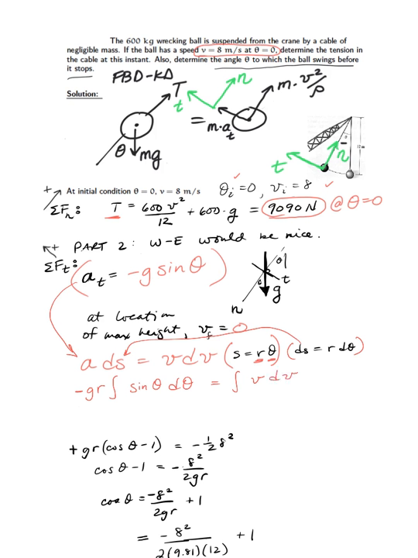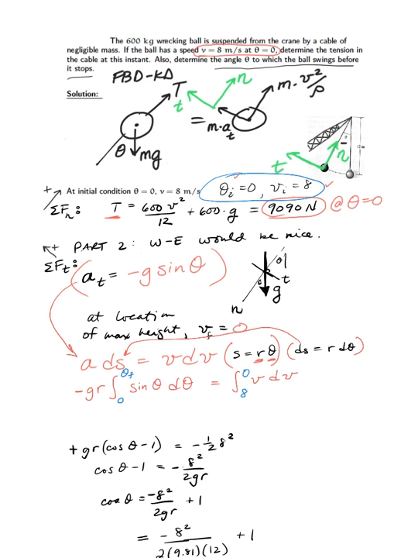So let's kind of make a big deal of our limits of integration. I know that I'm going to go from theta equals 0 to, again, some theta final that I'm going to find out. I know that my velocity at theta equals 0, which was given to me, goes from 8, and all the way up at this theta final, I'm going to end up with 0.